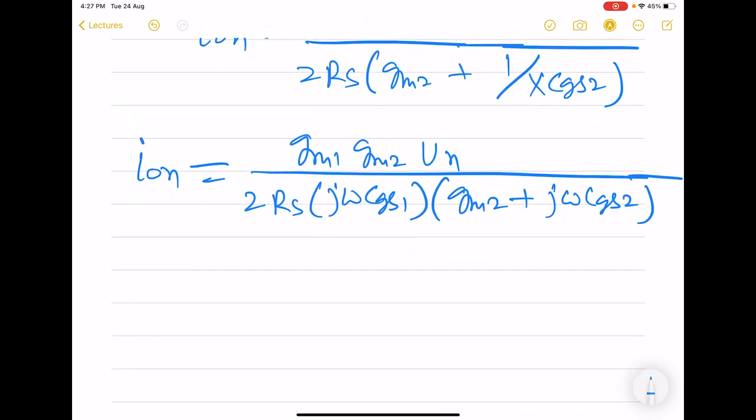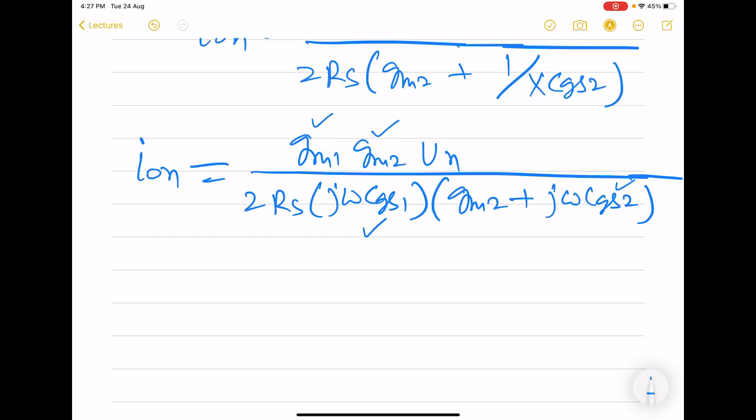Here we see that we have GM1 and CGS1, so they can be combined to write omega T1, the threshold frequency of the first MOS. Similarly, we have GM2 and CGS2, so they can also be used to write omega T2.